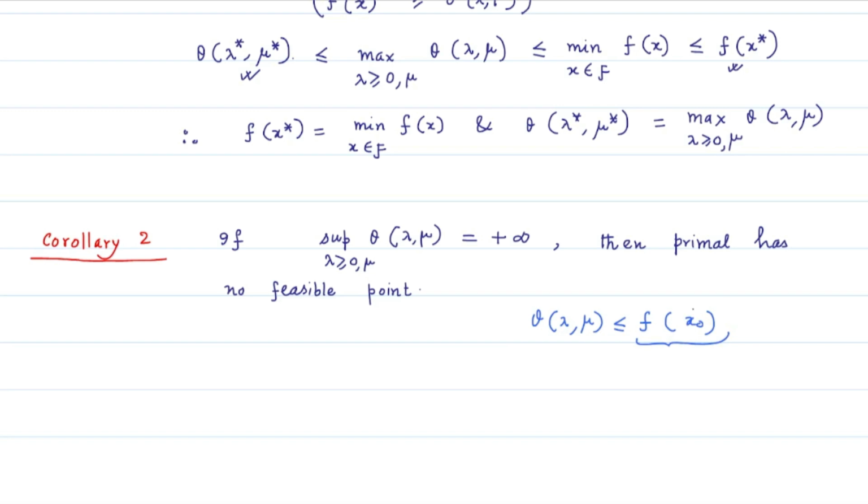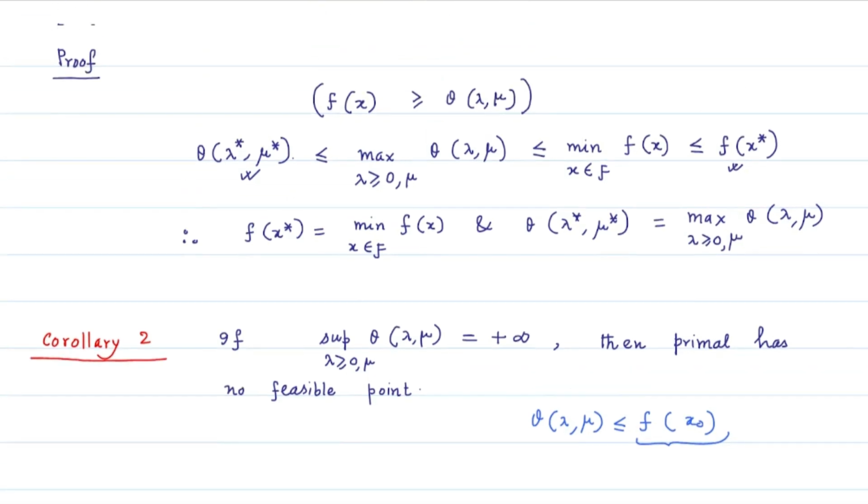Hence if there is a feasible point to the primal, the dual objective function cannot be unbounded above. Therefore, if the dual objective function is unbounded above, then the primal problem cannot have a feasible point.